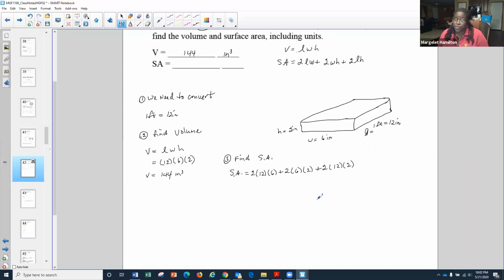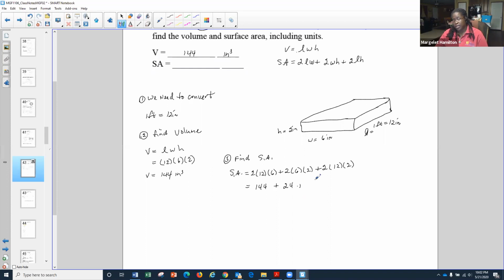Now you can do this all in your calculator, use your parentheses functions, or you could just do 3 individual areas and then add those things together. All right, so if we do it that way, then we have 6 times 12 times 2. 6 times 2 is 12. 12 times 12 gives us the 144. Then we have 2 times 2 is 4. 6 times 4 is 24.